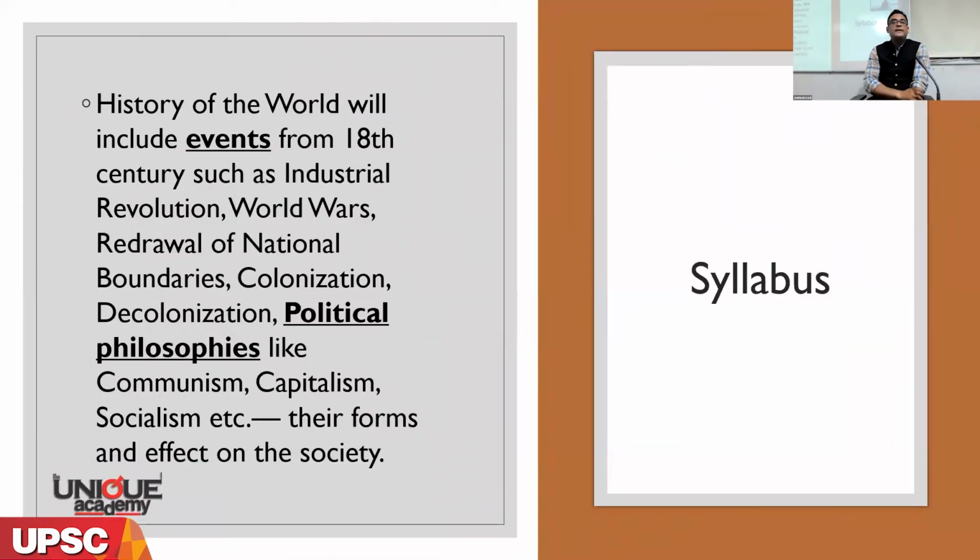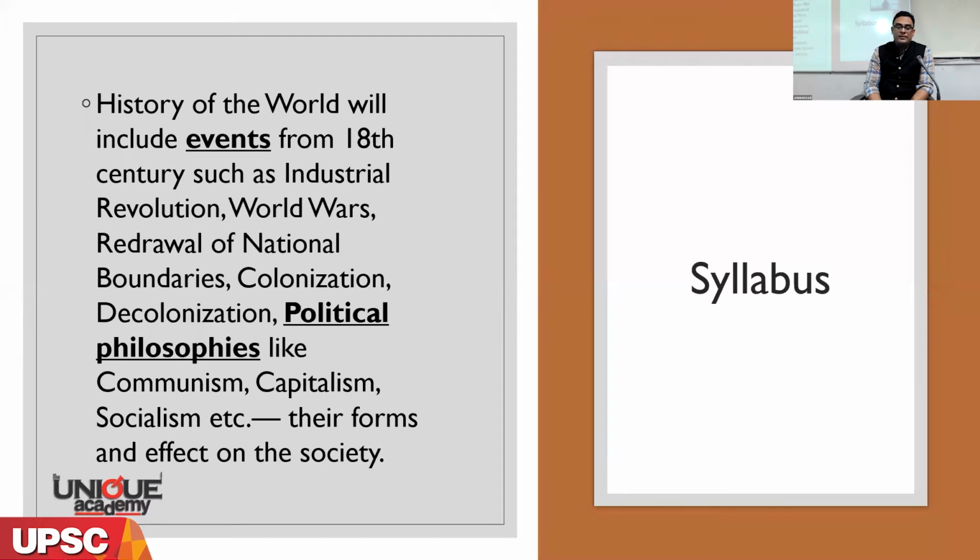So on the screen, you can see the syllabus for world history as given by UPSC. I want you all to read along with me. History of the world will include events, and I hope you note that I have made it bold and underlined it.